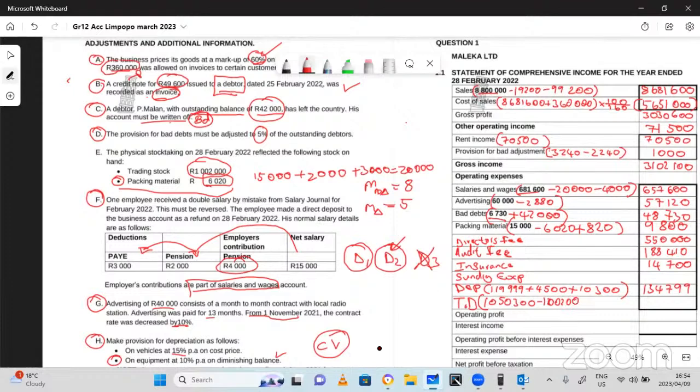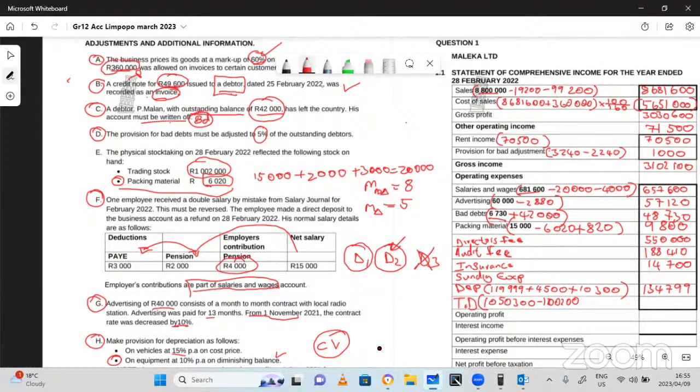Then you check for any transaction that will affect our trading stock. Remember, if we have previously found a transaction that was affecting the sales, what are we selling as a business? We are selling the trading stock. So that means automatically the trading stock is also affected.